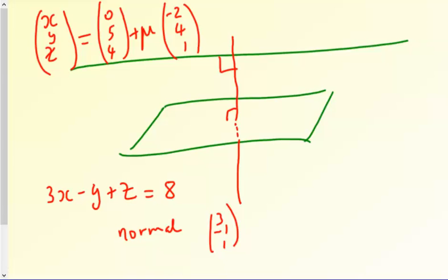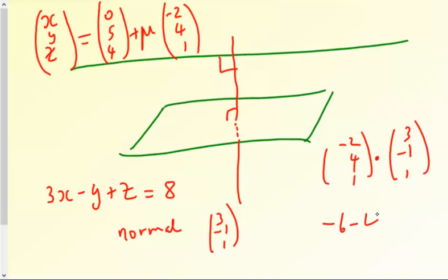If they're perpendicular to one another, then the dot product there would be equal to 0. So we can check that. (-2, 4, 1) dot (3, -1, 1). What does that give us? Well, it's certainly not equal to 0.